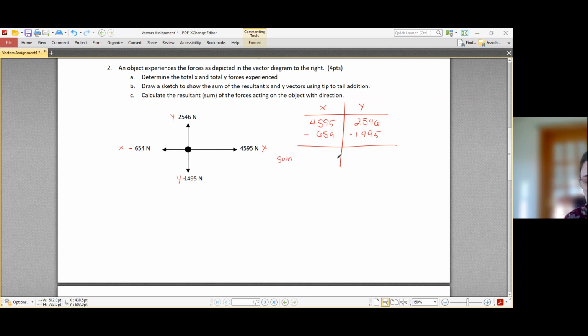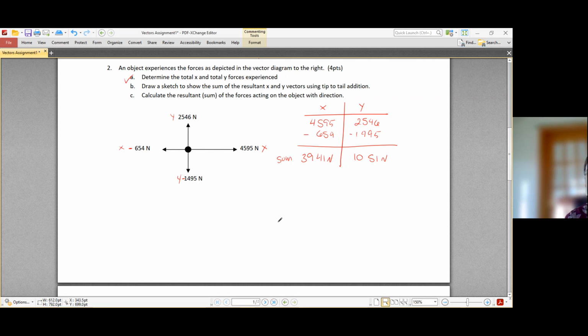So we're just subtracting them because we want to subtract the negatives from the positive. When you subtract them, your x value should give you 3,941 newtons, and your y value should give you 1,051 newtons. So now that has question A done.